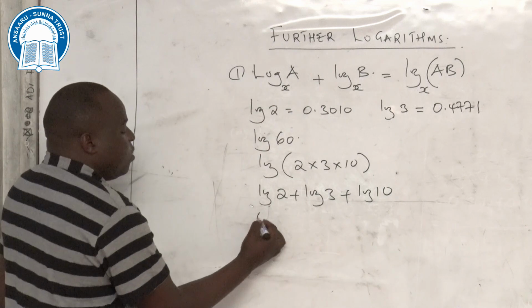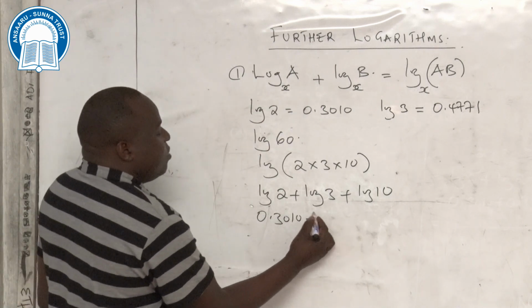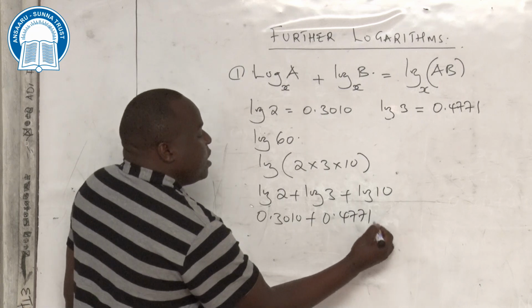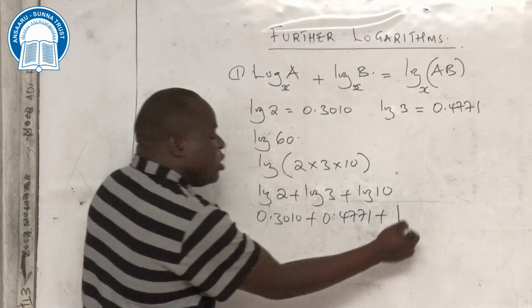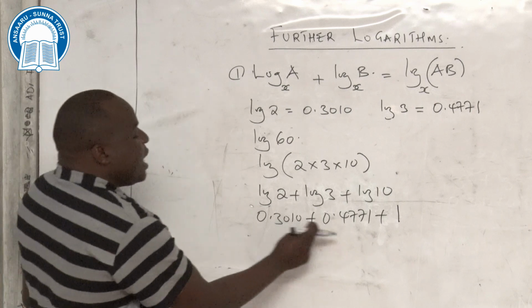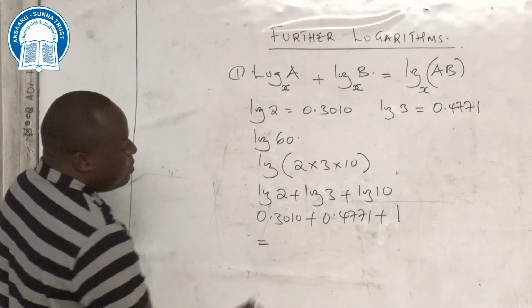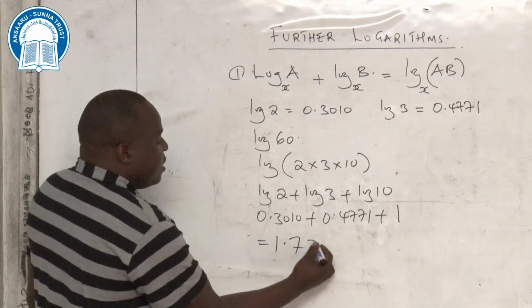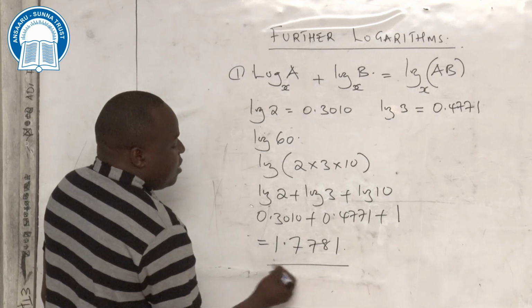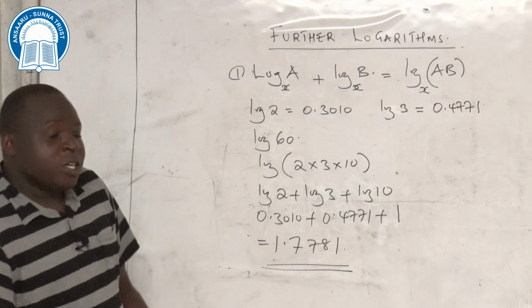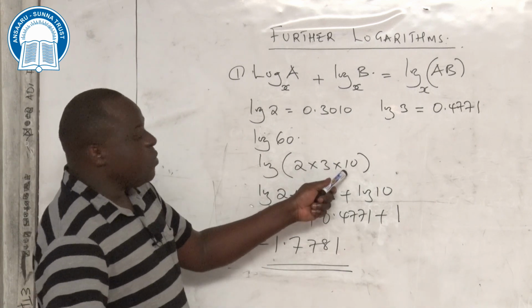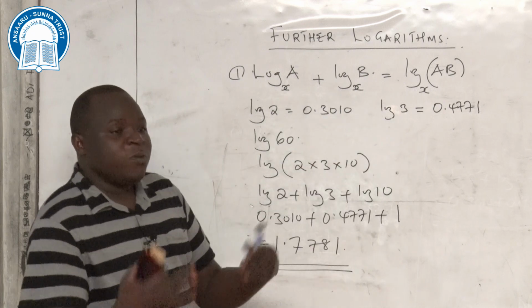Log 2 was 0.3010. Log 3 was 0.4771. Then log 10 is actually 1. So if you add these three values together, it gives you the final answer, which is 1.7781. That is it. So now what I've introduced here is something to do with a common log, which was not asked in what you're given.